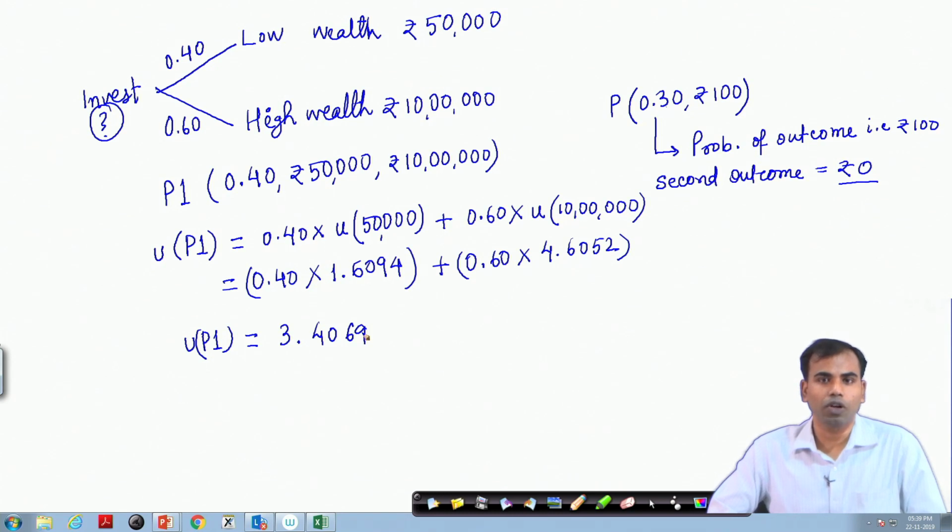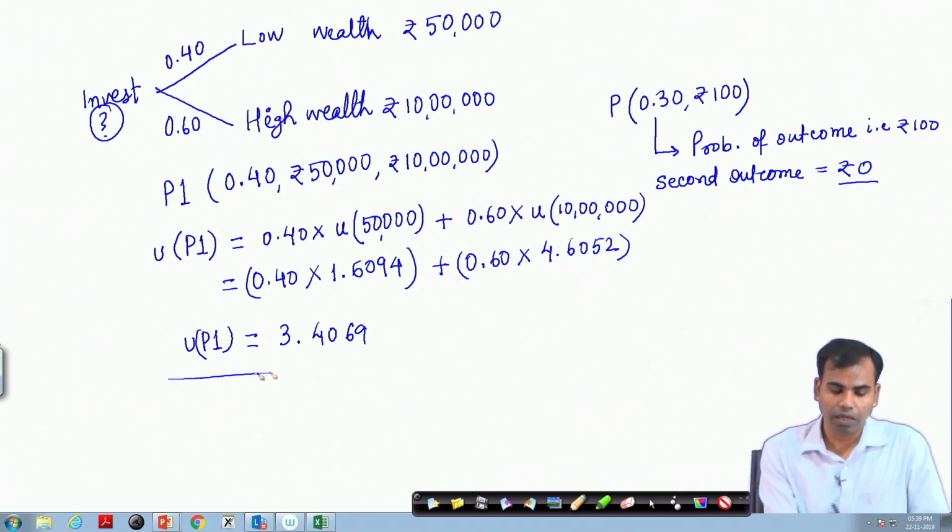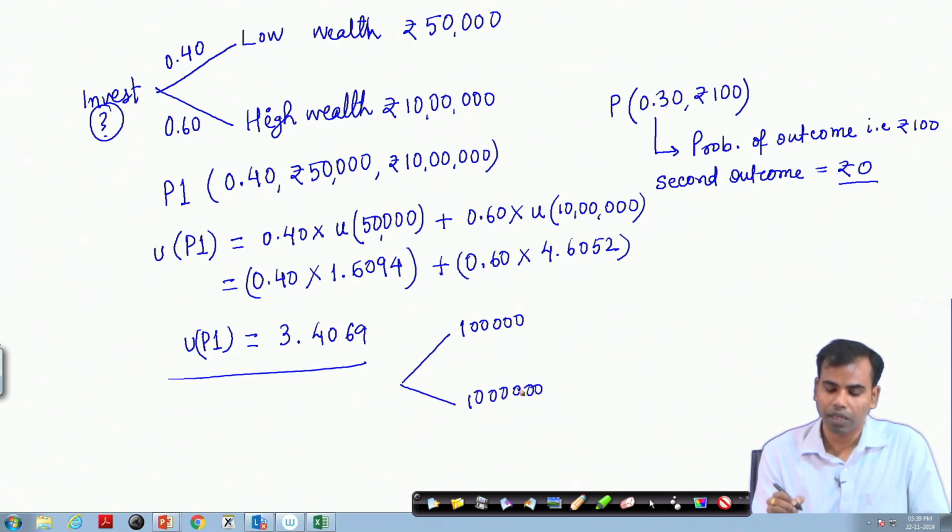Simply, if you have an alternative state of outcome, let us say you have a choice where you can invest the same amount of money and there are two outcomes given as, let us say, low wealth situation as 100,000 and high wealth situation as 10 lakh, and this time the probability is equal between these two outcomes.